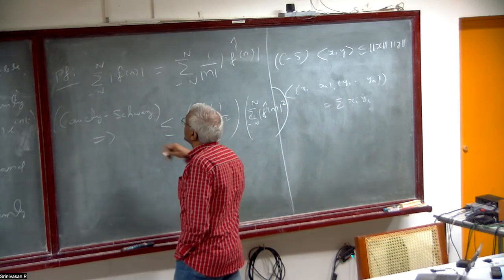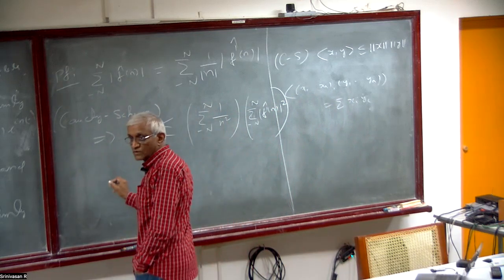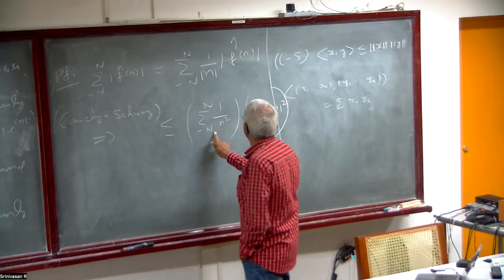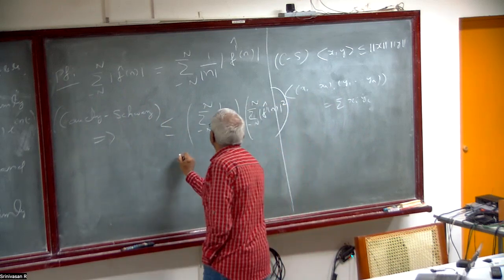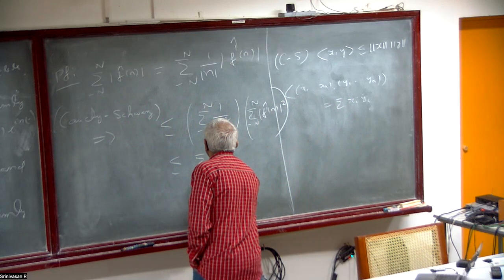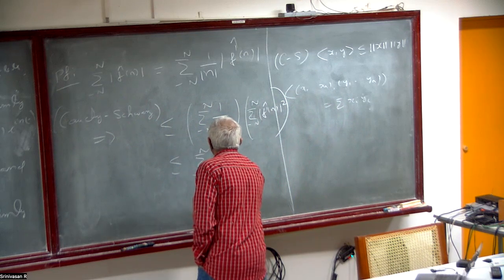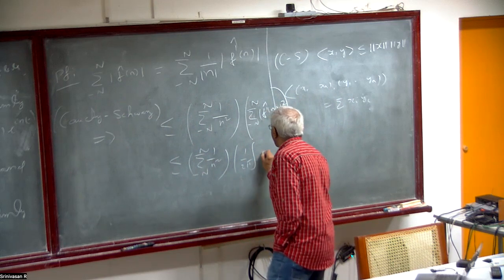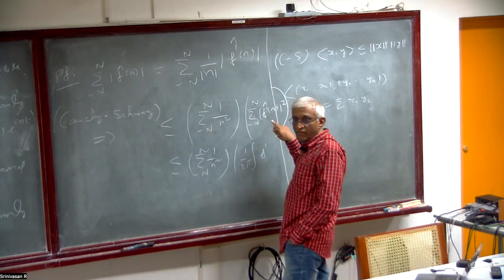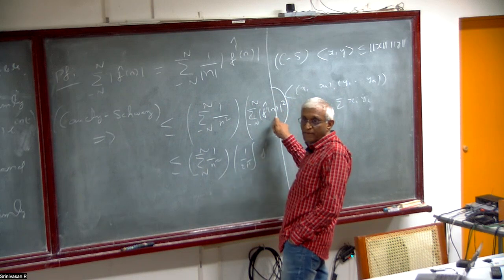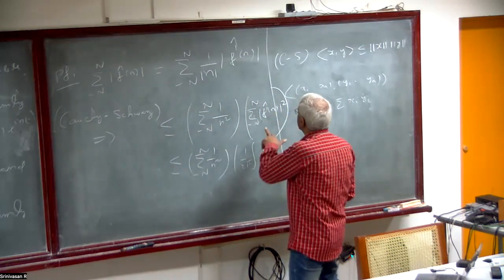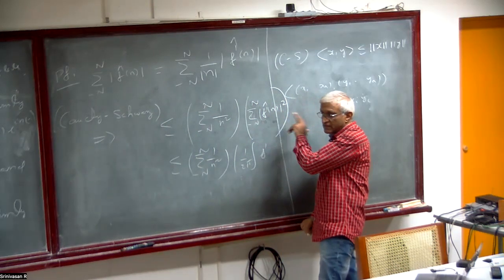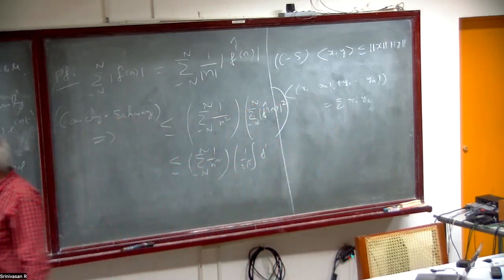Now by taking the limit as N goes to infinity, this is of course convergent, and this is less than or equal to the summation of 1 by n square times, but then this is just the sum of squares of the Fourier coefficients of f prime. I have noted here, no?